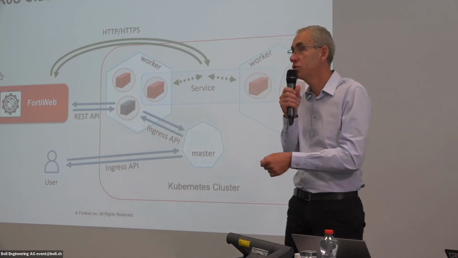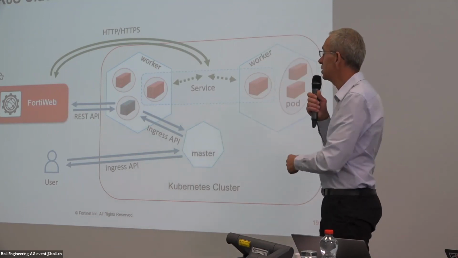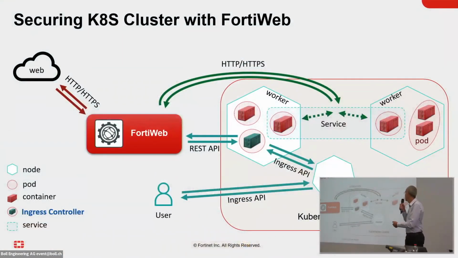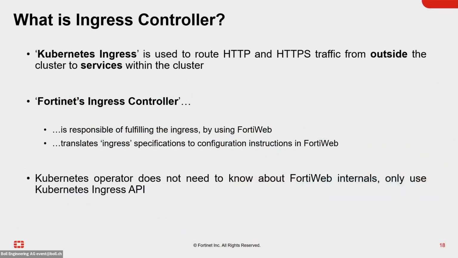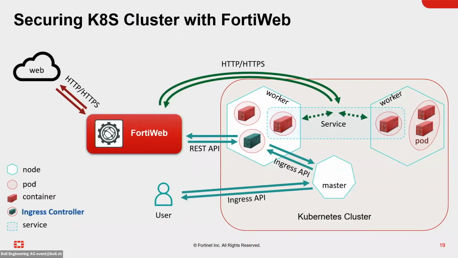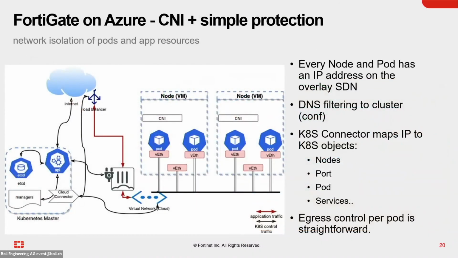So if you want to leverage node, pod, worker node protection mechanisms for internet access, or we call it ingress access, yeah, we use the ingress controller traffic management. So that is how you can use FortiWeb, and most of the time it is obviously deployed with FortiGate for the network protection to the container.